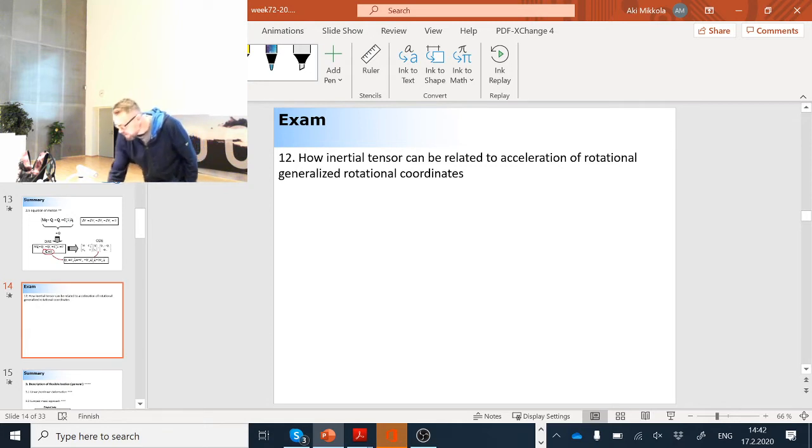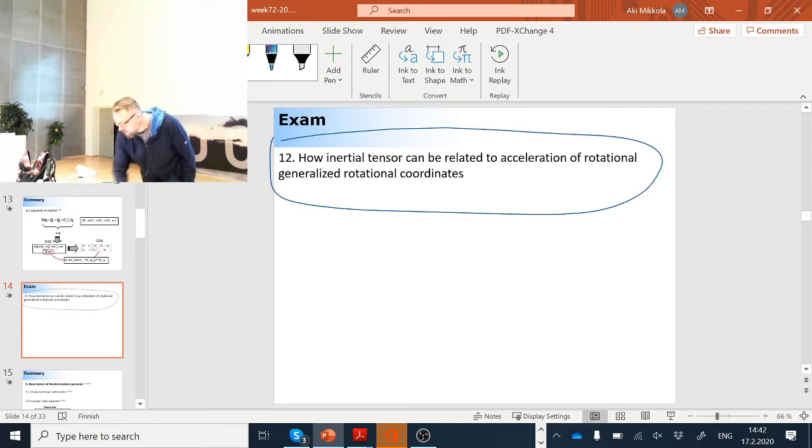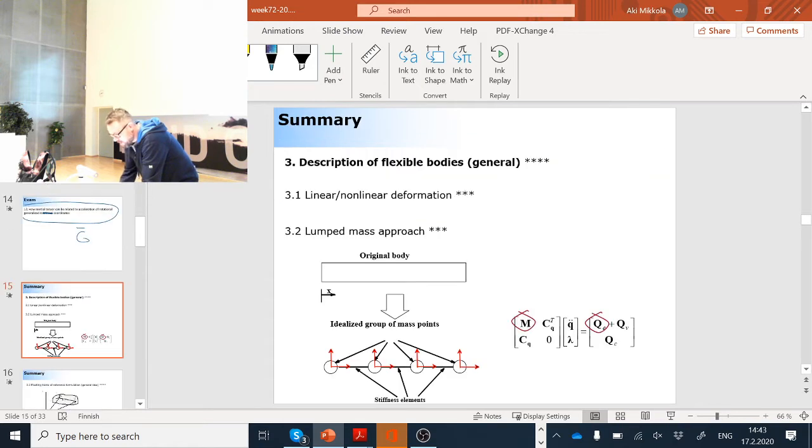The only question is this: how inertia tensor can be related to acceleration or rotational generalized coordinates? That means G. That's how you can do it. Okay, but not that highly rated.